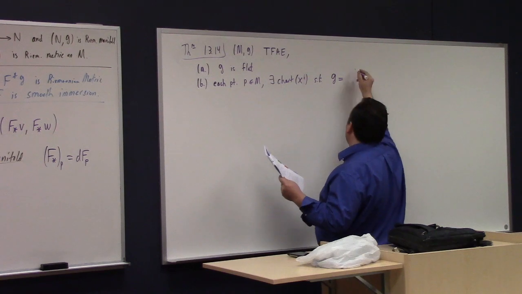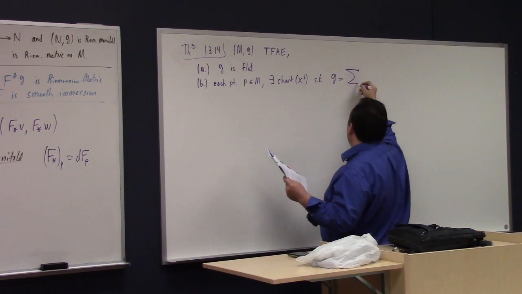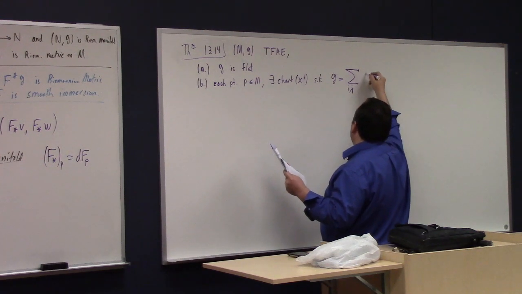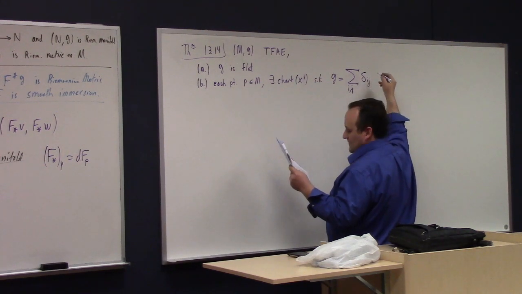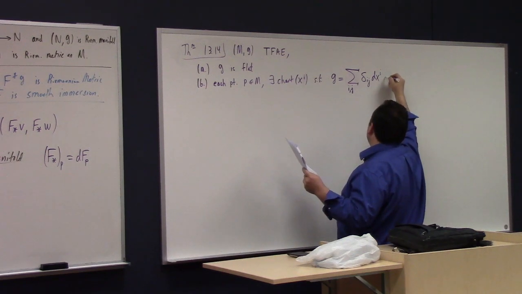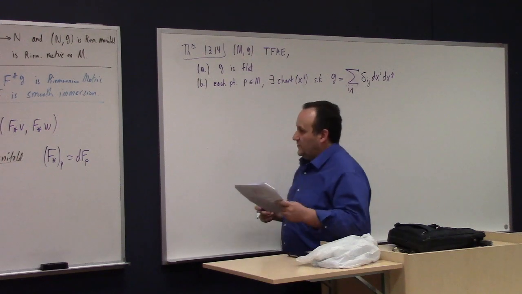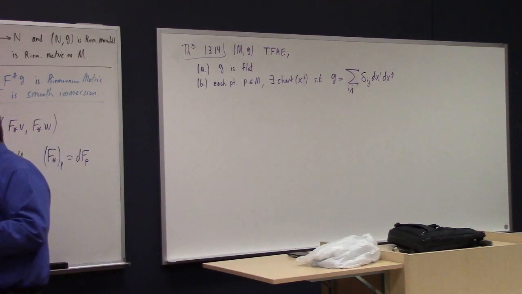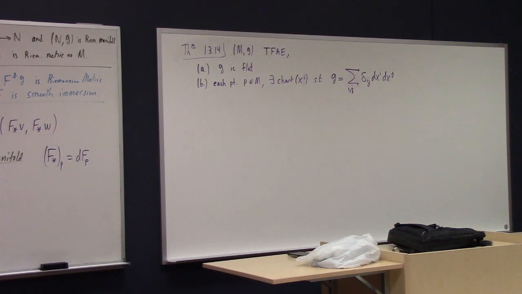I'm trying to write sums in here, but Lee has become a physicist. That's a year, and it's good. But I'm trying to write sums. So there it is. In other words, there exists a chart at each point such that you can put the metric into the Euclidean form. Okay?